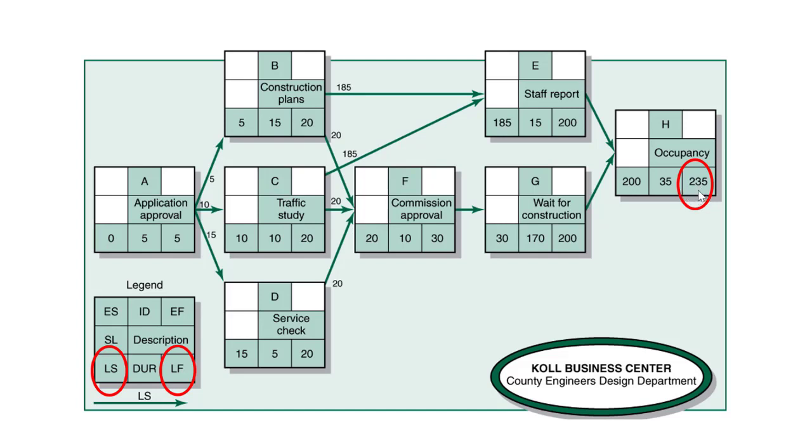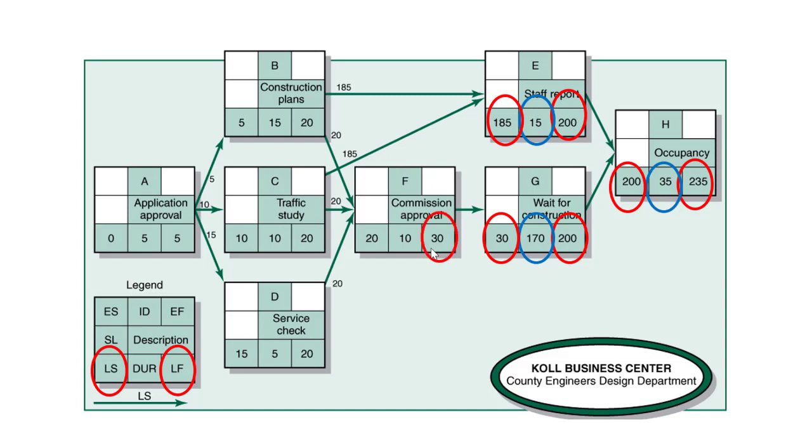So it's also the last day or the latest finished date that we want in our project. So we take 35 away, and that's going to leave us 200. We're going to take this 200 backwards, and it will appear in both E and G here. Working with E, 200 minus 15 gives us 185, and for G, 200 minus 170 gives us 30.